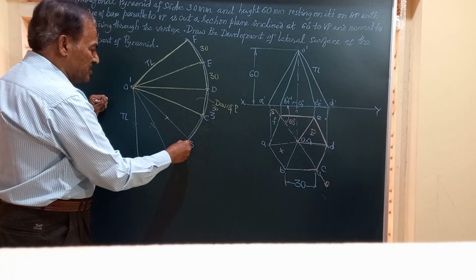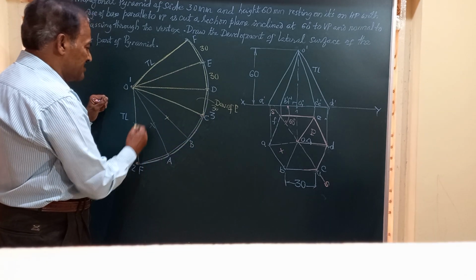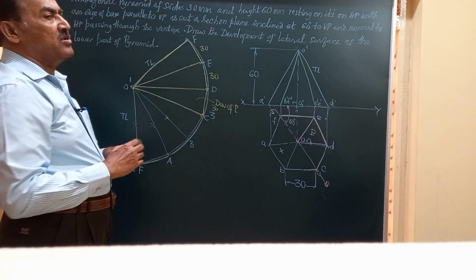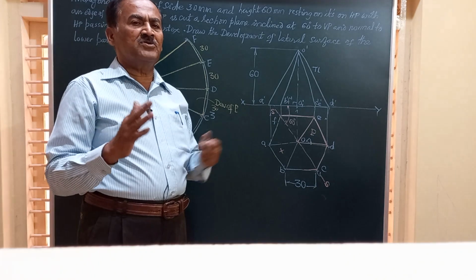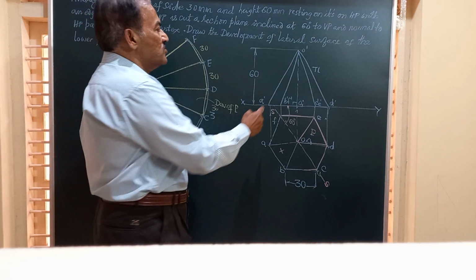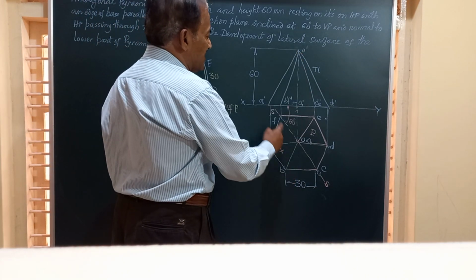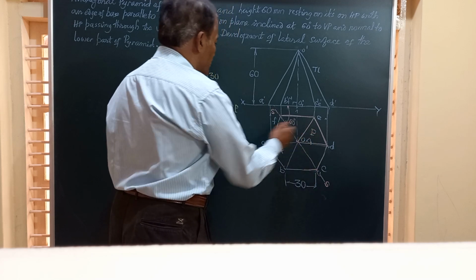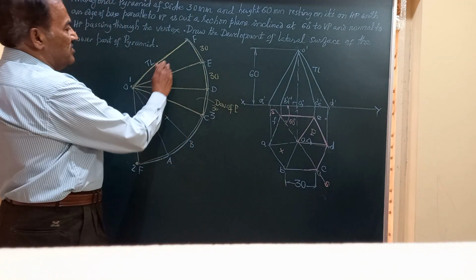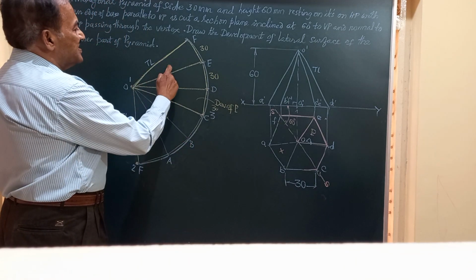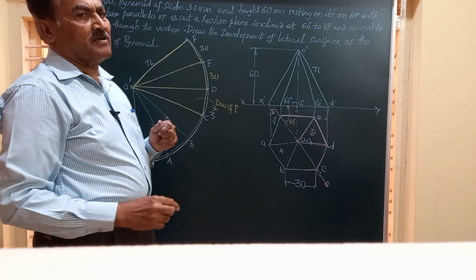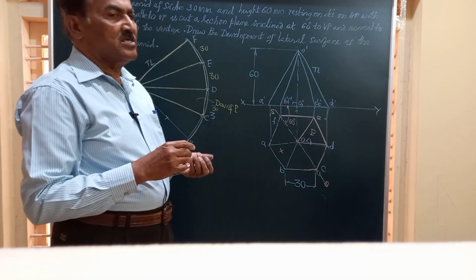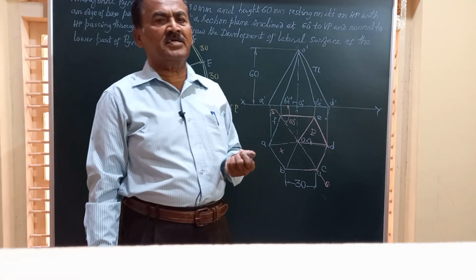To show the construction, you can simply have a thin line like this, and all this portion below this is removed. So when the section plane, which is vertical, passing through the vertex of the solid and inclined at 60 degrees to the vertical, you are going to have the development as 3 triangles which are isosceles in nature.